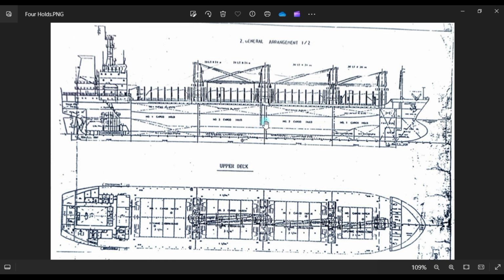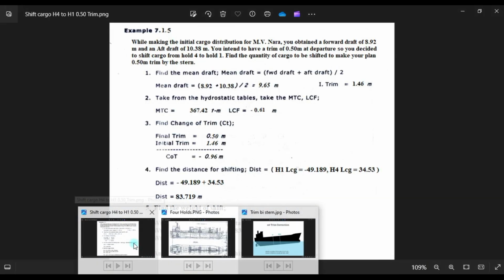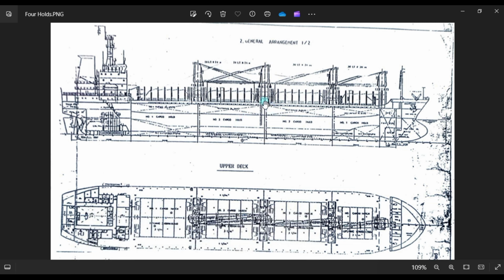the measurement of getting the LCG is from midship 0 going to hold number 4 in the middle. That will be how much? That will be 34.53. So from this midship, that will be 34.53. That will be positive.